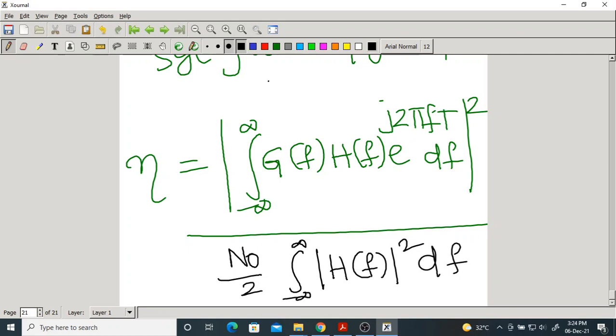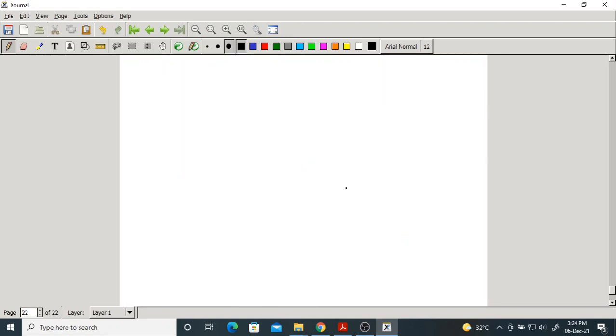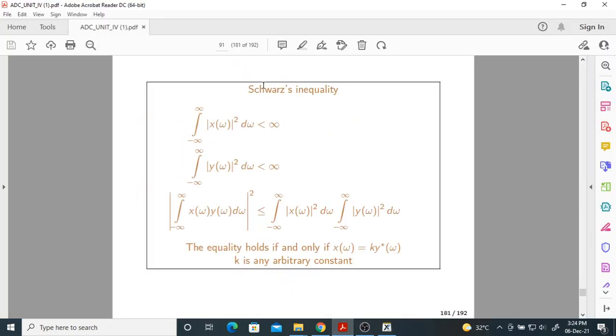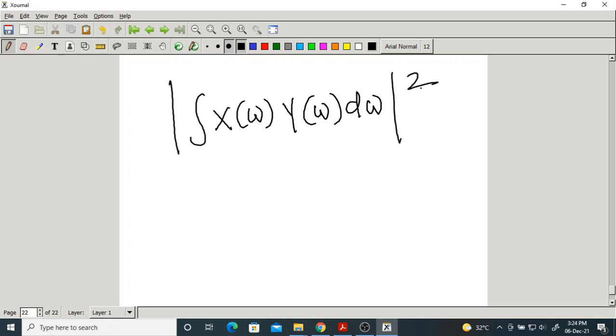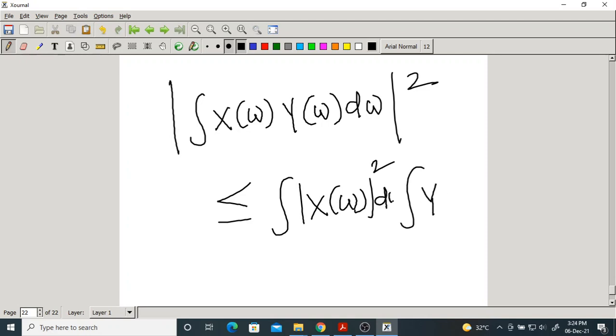That is the logic. Now there is an inequality called the Cauchy-Schwarz inequality. What it says is that mod integration of x of omega y of omega d omega whole square is always less than or equal to integration mod x of omega whole square into integration mod y of omega whole square d omega.